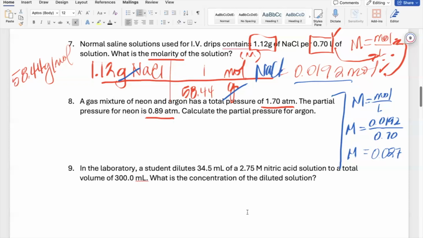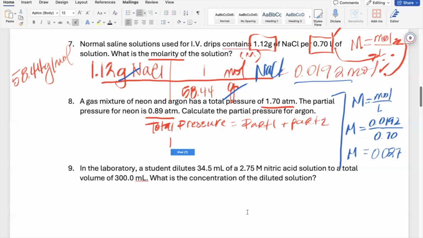The partial pressure law basically says that the total pressure is the sum of its parts. So the sum of part 1 plus part 2, and if there are 3 parts, then part 1 plus part 2 plus part 3.